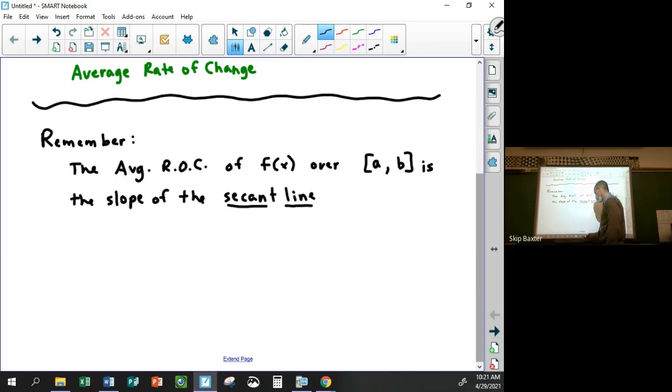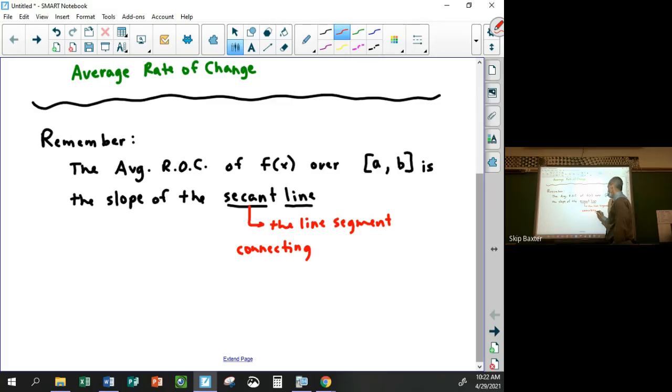This is just the line segment connecting the points (a, f of a) and (b, f of b). That's what the average rate of change is.